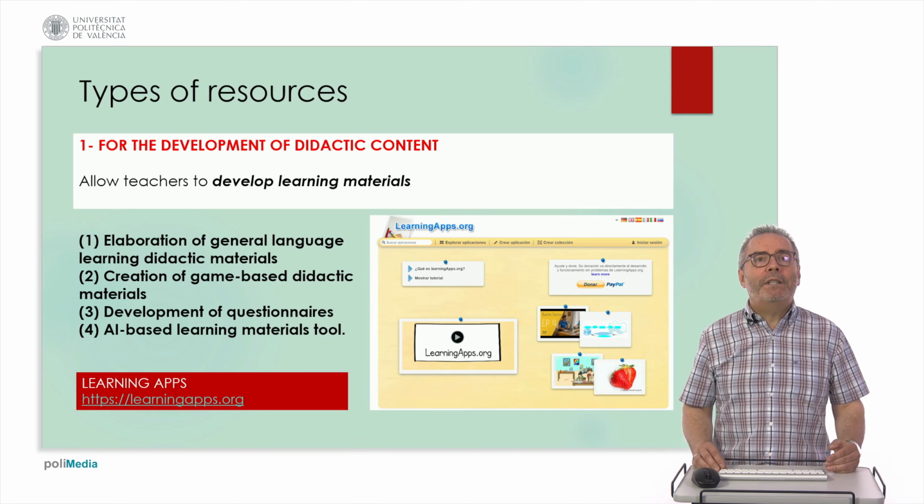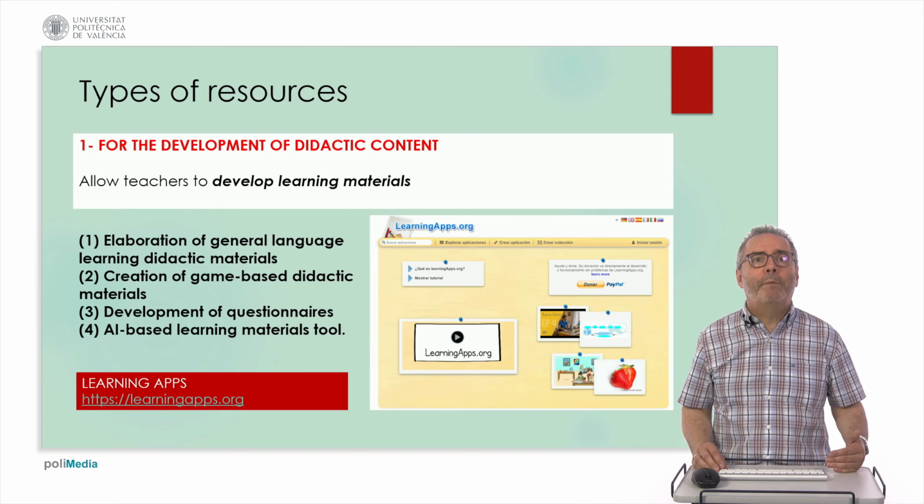The first type is resources for the development of didactic content, and here it is for teachers to develop new learning materials. Here we have the numbers, as in all the types of the typology, subcategories that give us more detailed information about the different subtypes in this type. For example, learning apps.